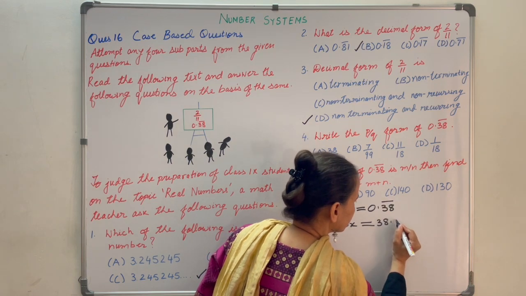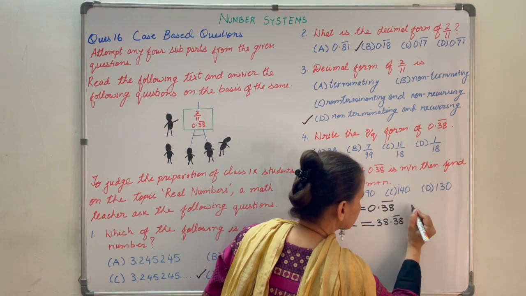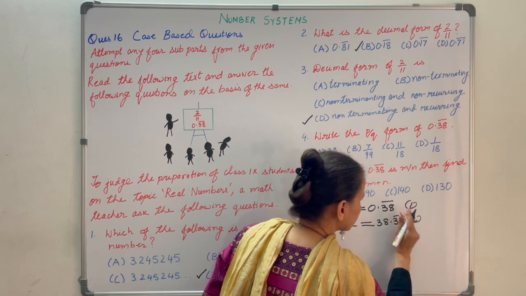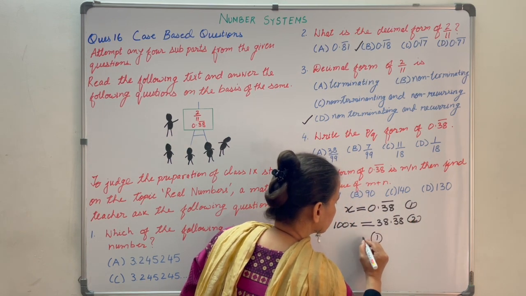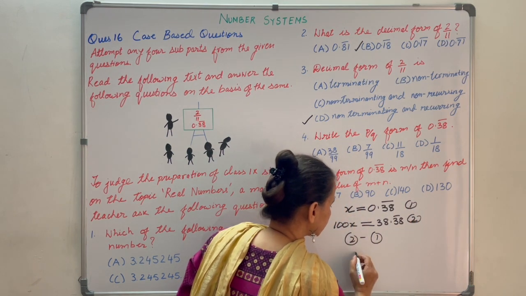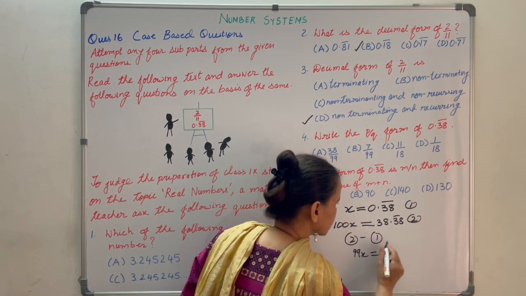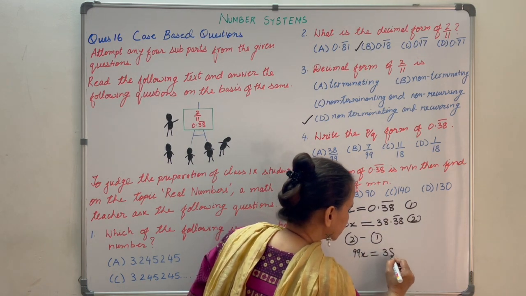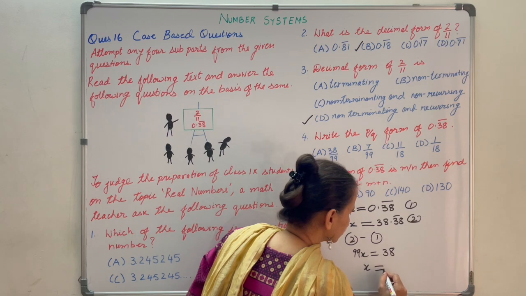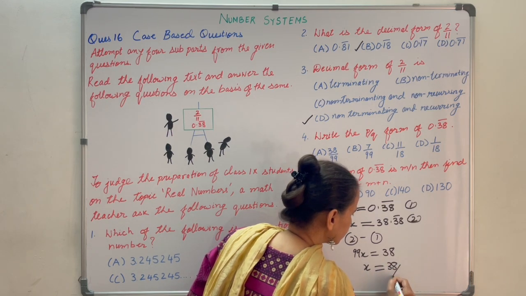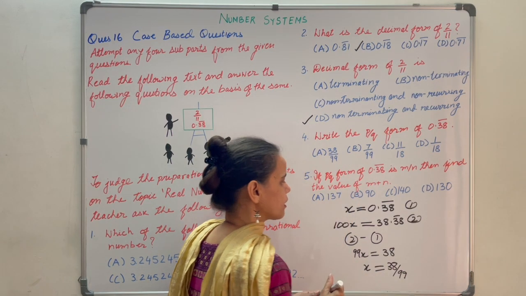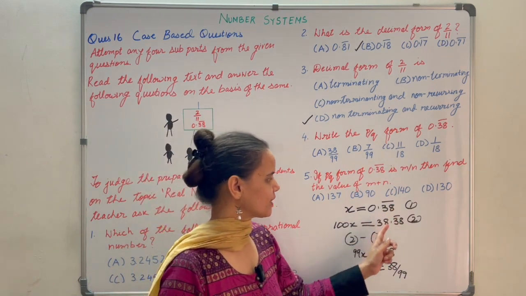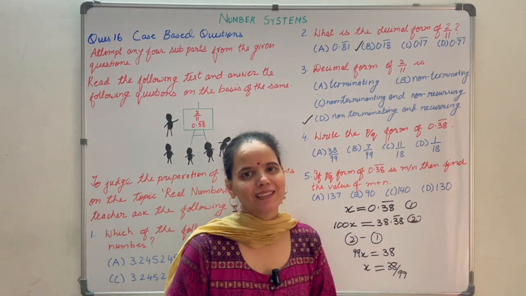So this side you will get 38.38 bar. Now we will subtract the first one from the second one. So what we will get? Here you will get 99x and here you will get 38. So what is the value you got for x? 38 upon 99. So the P by Q form of 0.38 bar is 38 upon 99.